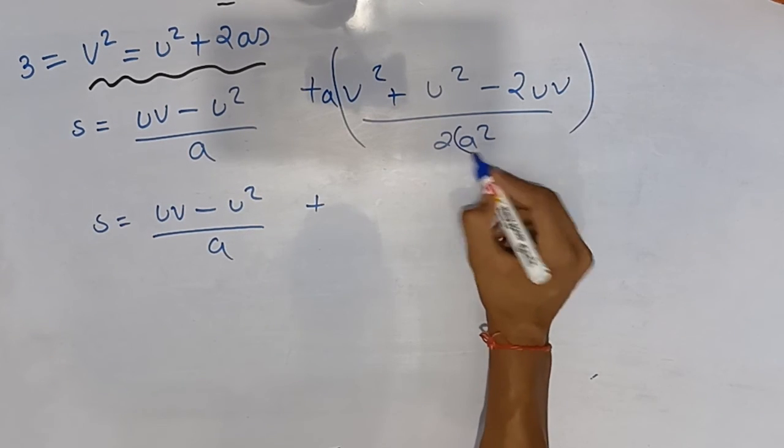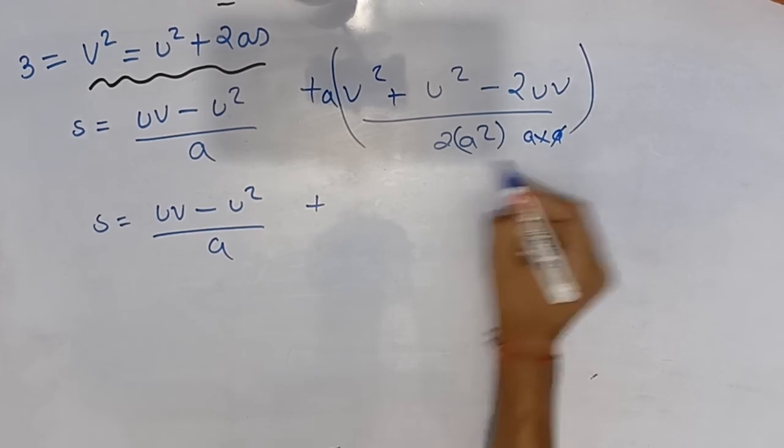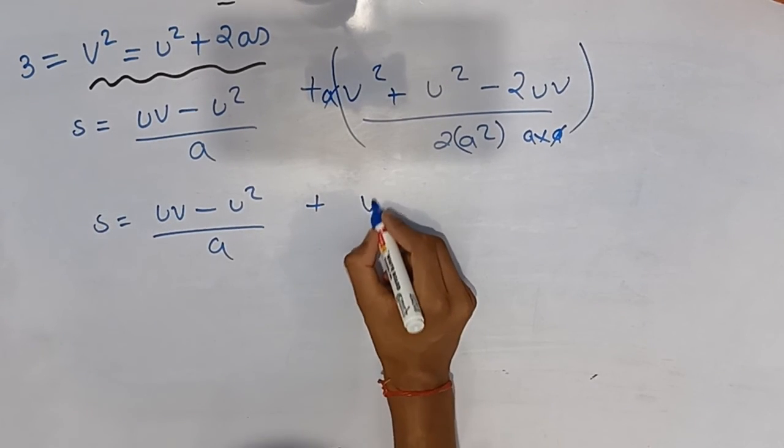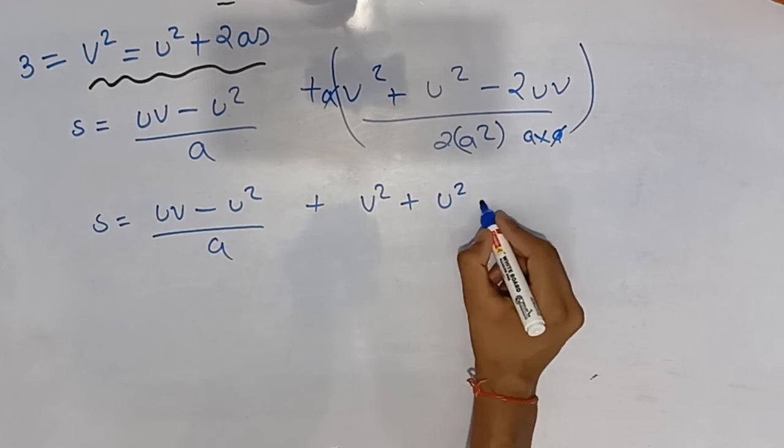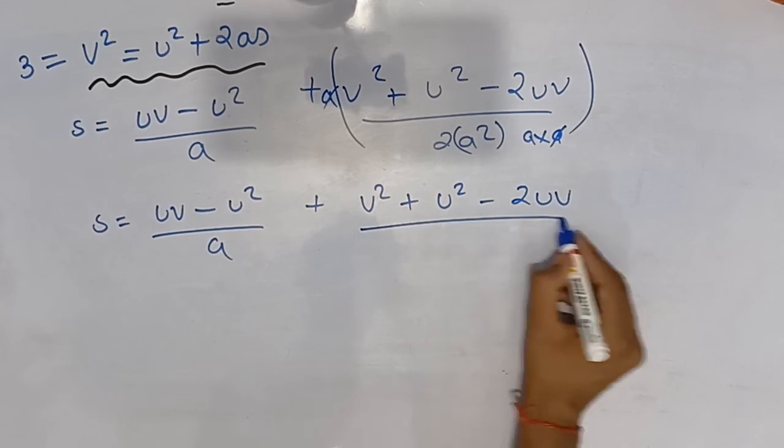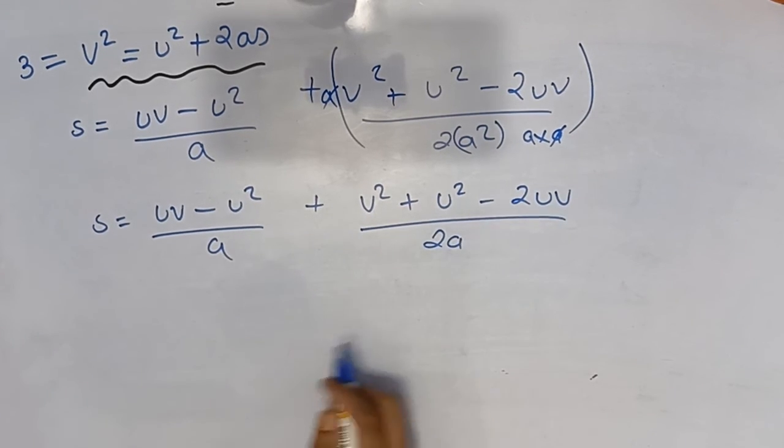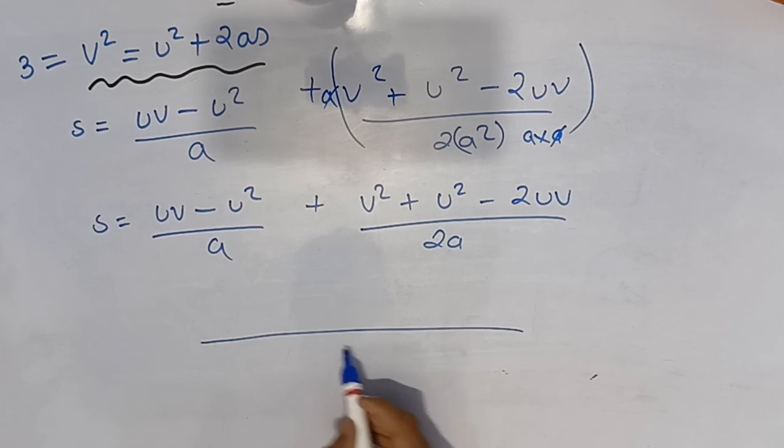Here we can write a² as a into a, so this a and this a cancel. So we will write (v² + u² - 2uv)/2a. Now we will take the LCM, which is 2a.